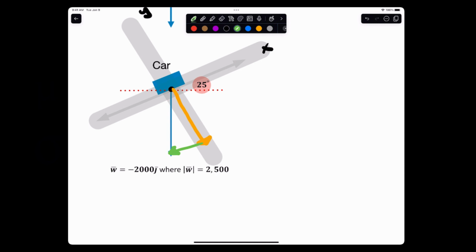Okay? Where my weight vector here in blue, this is that weight vector. And the weight, again, it looks like we have that typo, is 2,000 pounds. So let's clear that up.